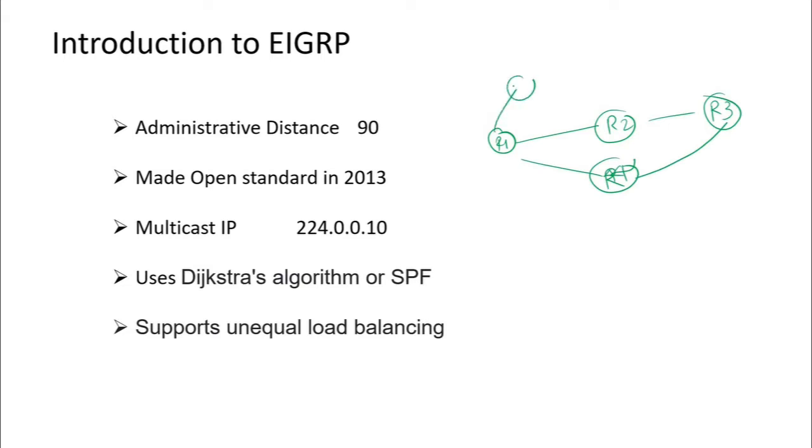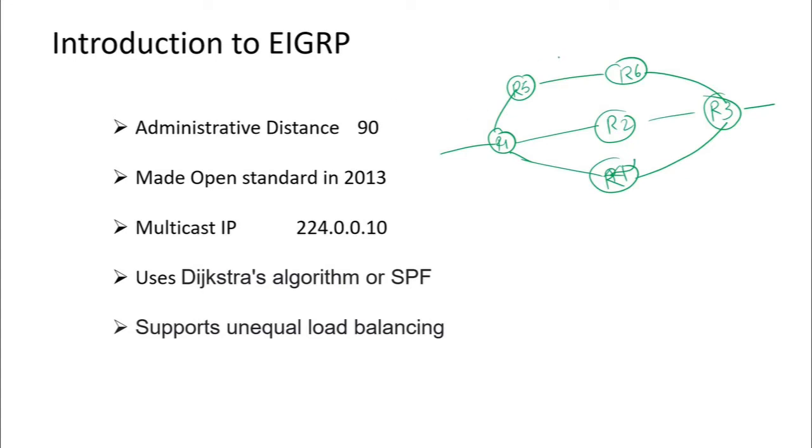And let's say here we have two more routers in between, R5 and R6. So we have three paths to reach the destination from R1 to R3. Sometimes it happens that it relies on the hop counts or some combination, so that it uses the two best paths.